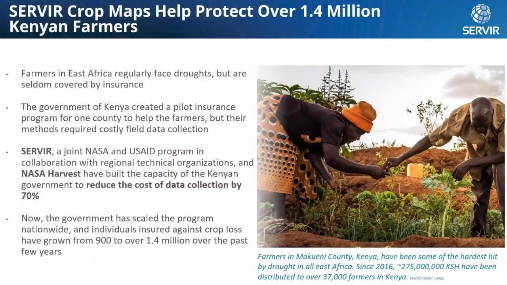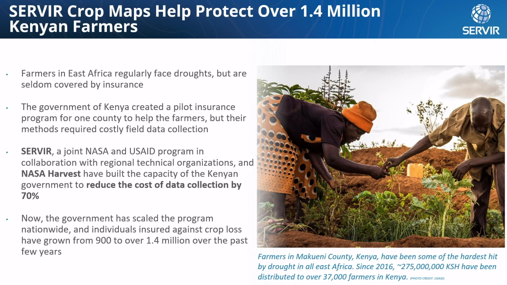And once we have that kind of tool, then we can start getting the attention of governments like Kenya, working through our SERVIR program, which is a partnership between NASA and USAID, to help to support countries around the world, I should say, in better managing their risks. So this was a particular project where there was a real problem with insurance in Kenya.